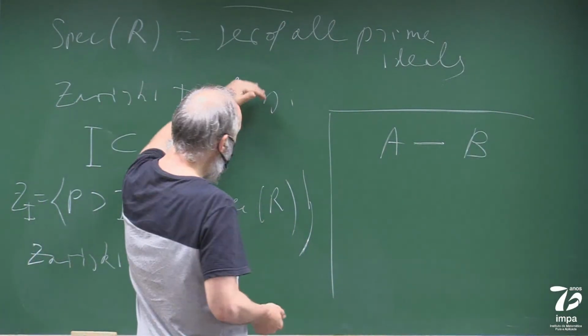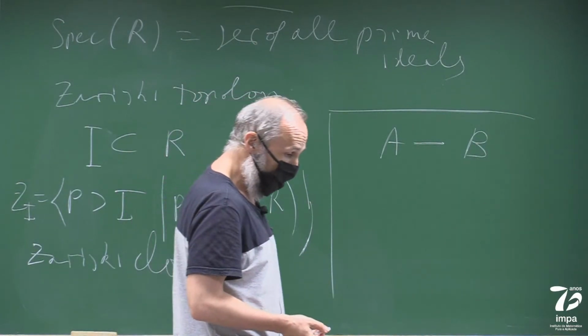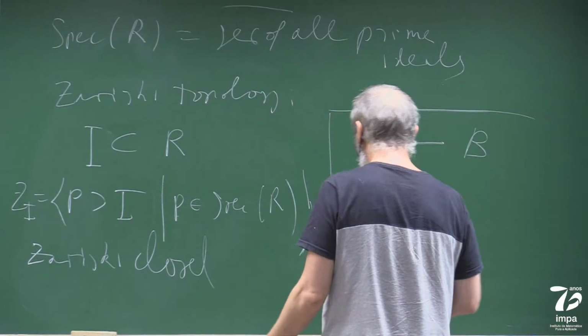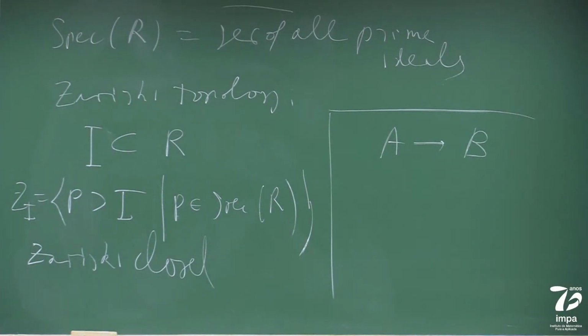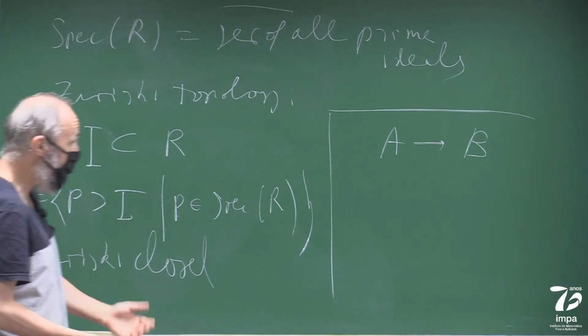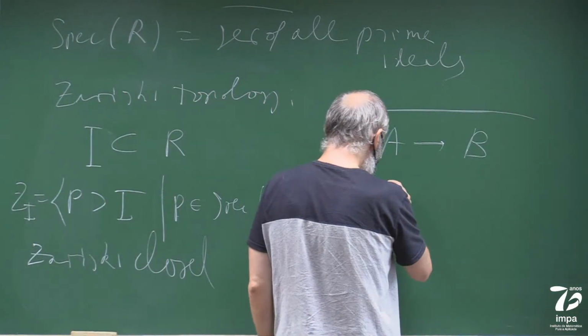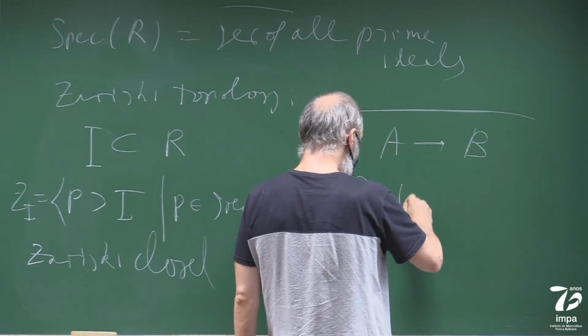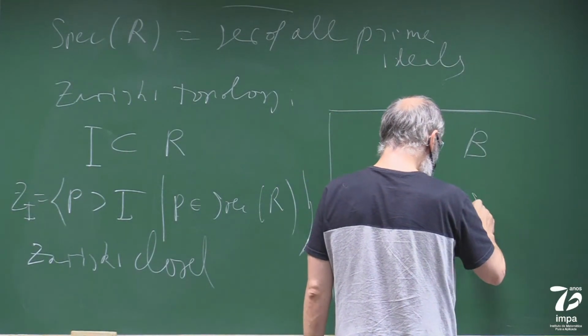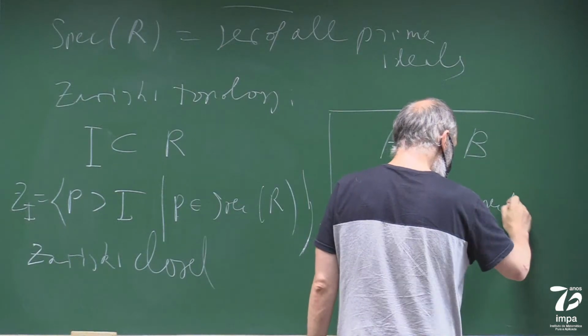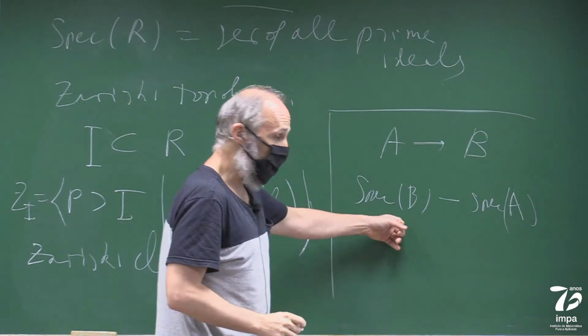And of course we want it to be functorial. So for general rings, not for our case, you want to define a corresponding map from spec of B to spec of A. And it won't work with maximal ideals.